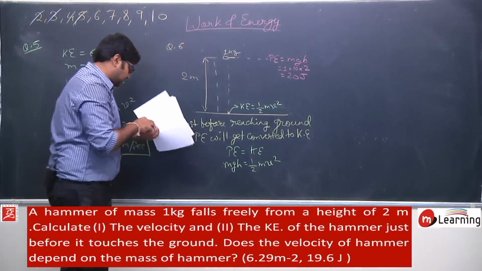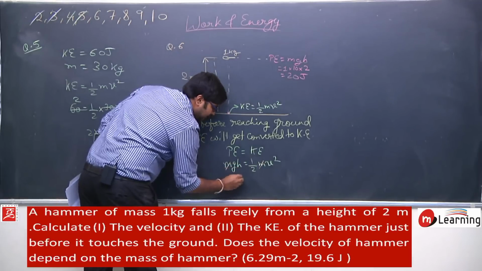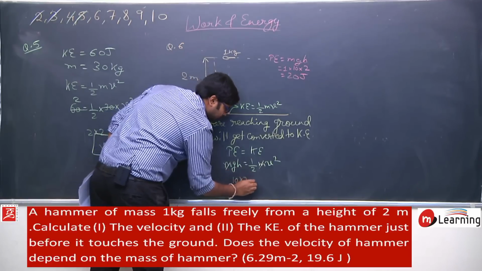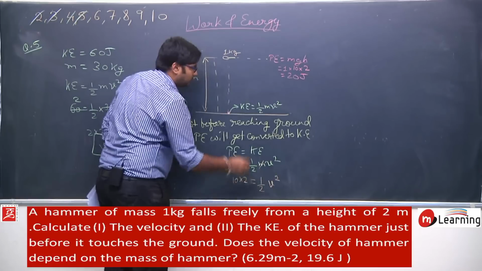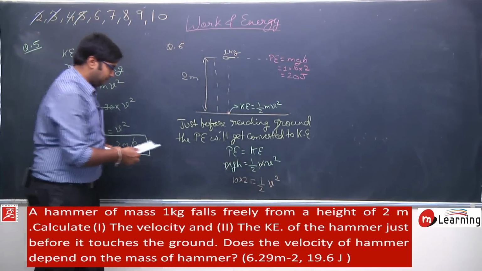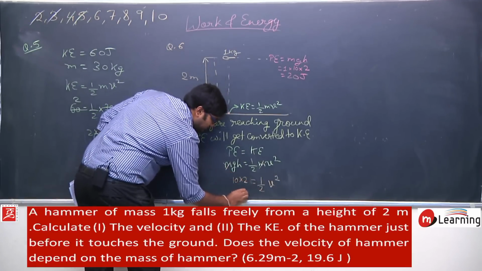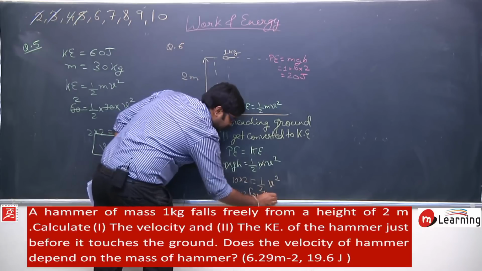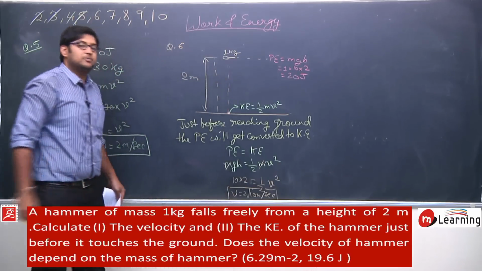Here the mass gets cancelled, g is 10, h is 2, and this equals 1 upon 2 v square. The 2 will come here, so velocity will become 2 root 10 meters per second. This is the velocity.